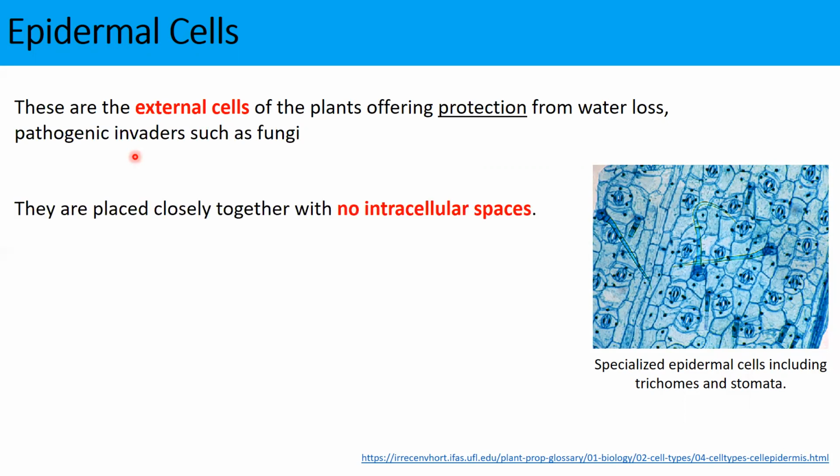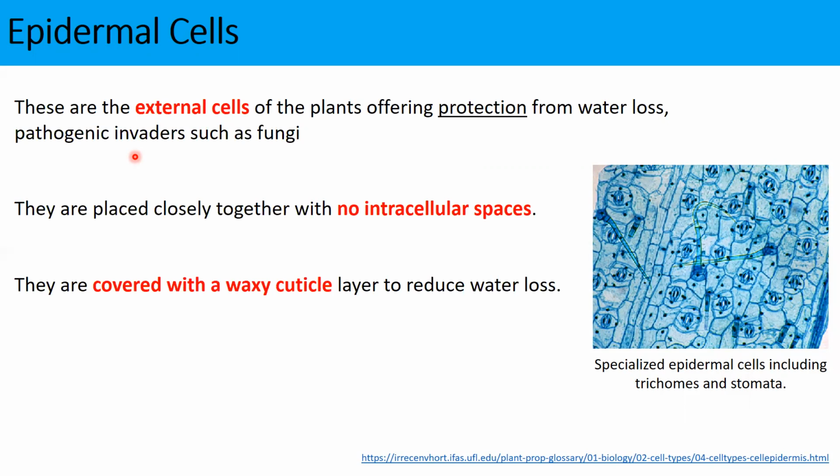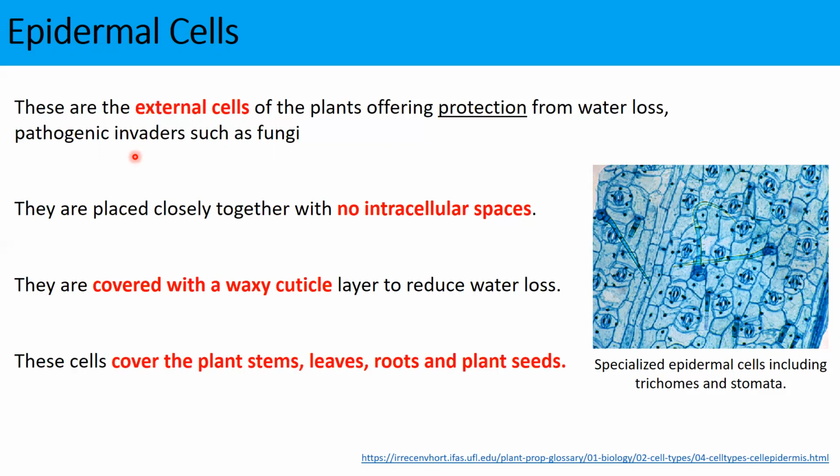These are placed closely together, and there are no intercellular spaces between these cells. They are covered with a waxy cuticle layer which prevents the loss of water from these plants. And these cells cover the plant stems, leaves, roots, and seeds. I mean, they are present in almost every organ of the plant.